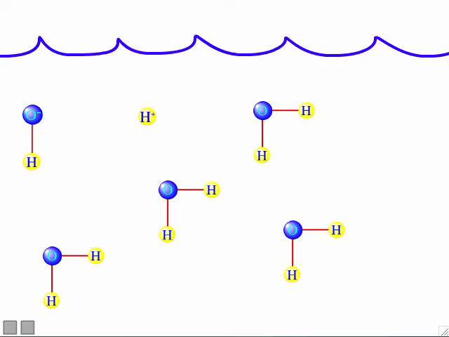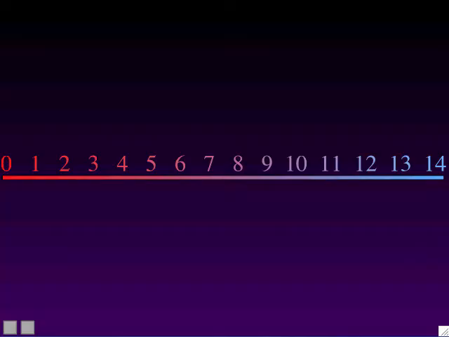So the pH scale, think of it as kind of a number line that goes from 0 to 14. The pH scale goes from 0 to 14. And each solution, each liquid has a certain pH number.